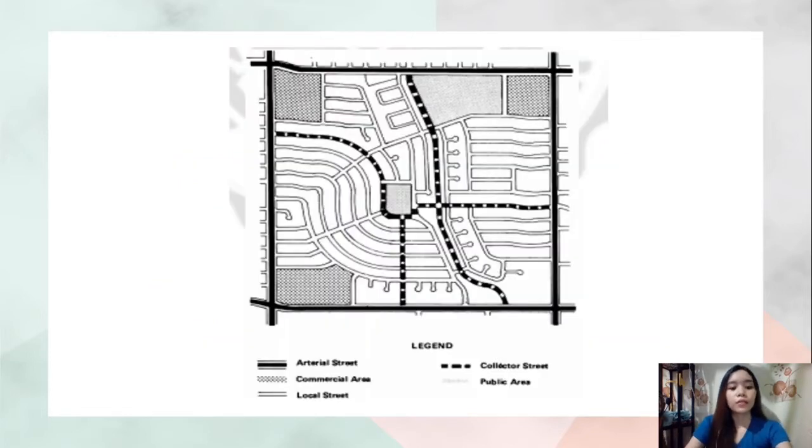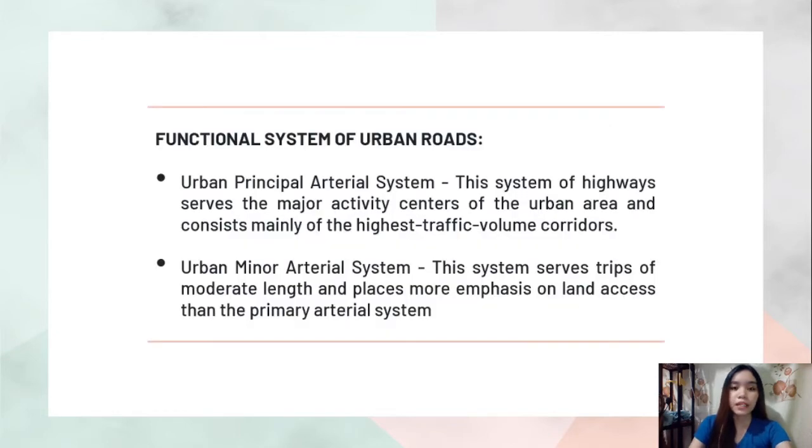Here we have the schematic illustration of the functional classes for a suburban road network. We have the arterial street, the commercial area, the local street, the collector street, and the public area. Then, the functional system of urban roads. The first one is the urban principal arterial system.